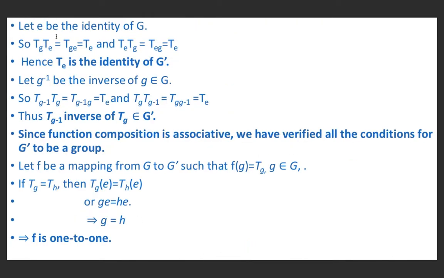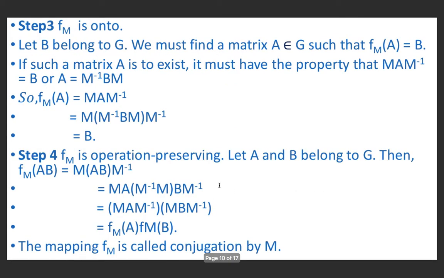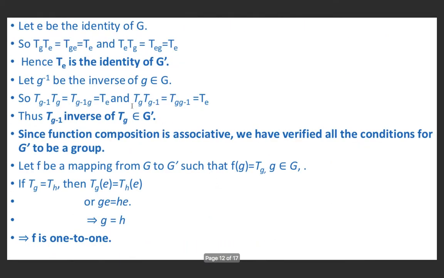Now let e be the identity element of G. So T_g into T_e is equal to T_ge by the closure property. We have proved that T_g into T_h is T_gh. Here g and e are elements of the group, so e is the identity element of the group, and ge is nothing but g.